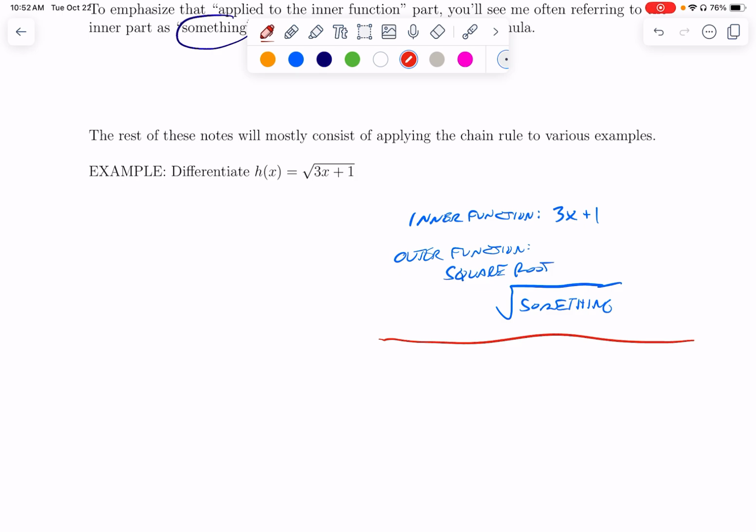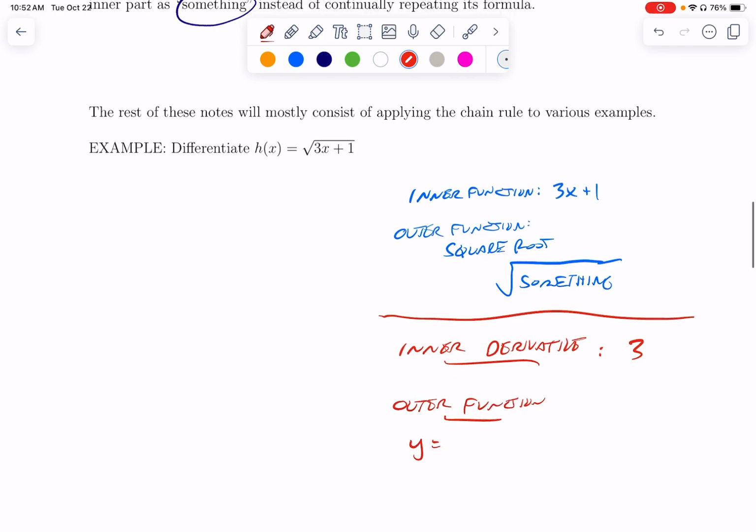So now let's think about these outer and inner derivatives. If my inner function is 3x plus 1, then my inner derivative, the derivative of 3x plus 1, is just the number 3. And for my outer function, I'll write it with a y.